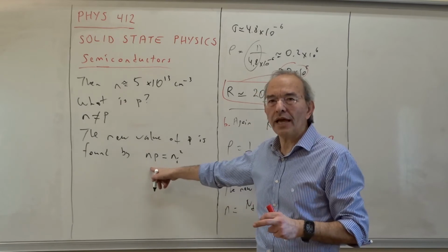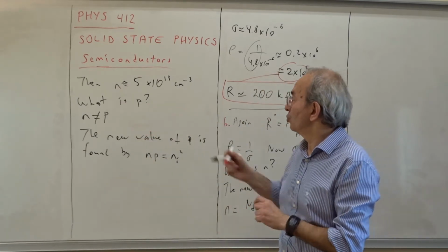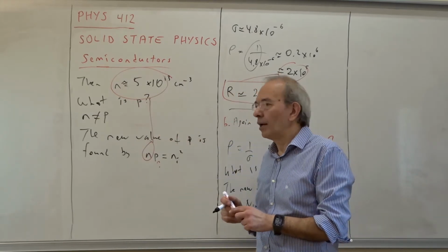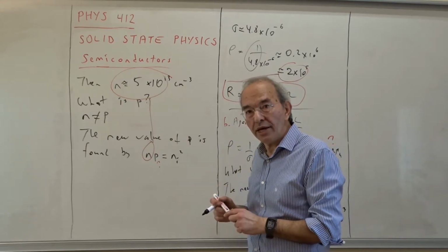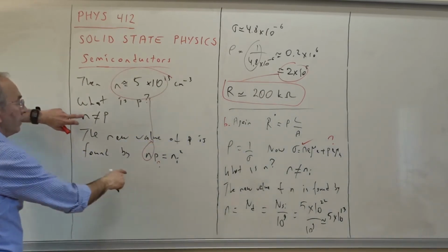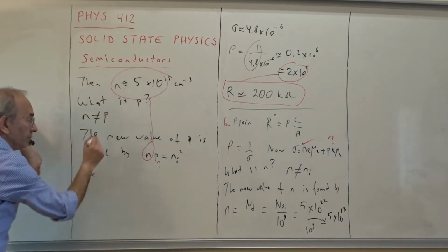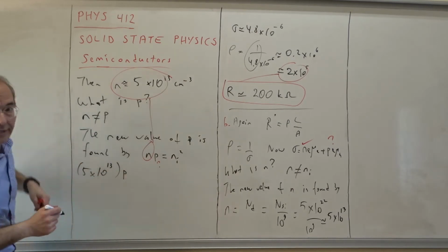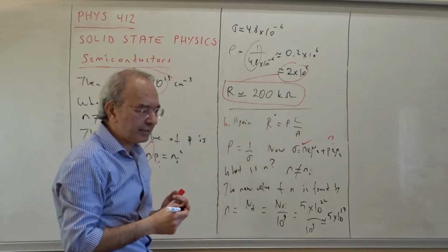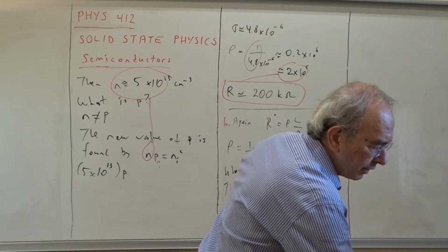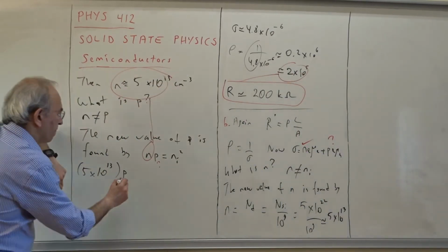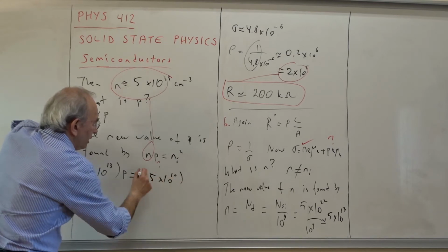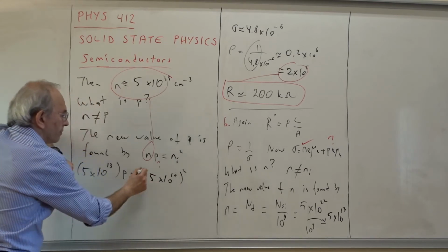What is the new value of n? 5 times 10 to the 13. So this is the new value now. This is our n. What is p? We know n times p is ni squared anyway. So n is 5 times 10 to the 13 multiplied by the unknown p. What is the right hand side? It is 1.5 10 to the 10, squared. Don't forget to take the square.